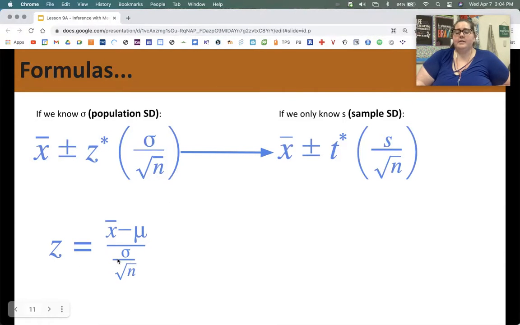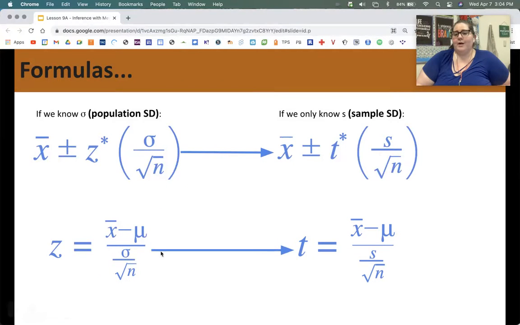For our Z-score formula for a hypothesis test, again, same general idea, but we're making some small swaps. It is now a t-score instead of a z-score because we're using a t-distribution. And then again, instead of population standard deviation, I would have sample standard deviation, which is S. So again, I would find that t-score, and then I could either use a t-table to get a p-value or a probability, but we could also use the calculator, which we will.